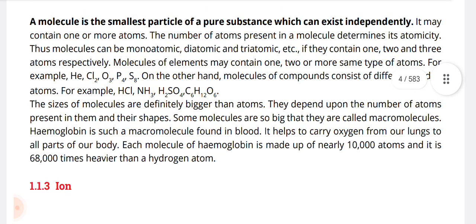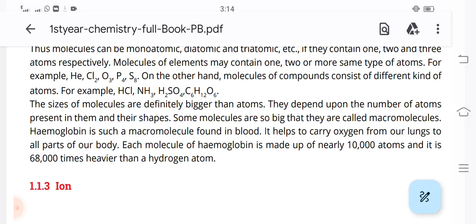Hemoglobin is such a macromolecule found in blood. It helps to carry oxygen from our lungs to all parts of our body. Each molecule of hemoglobin is made up of nearly 10,000 atoms and it is 68,000 times heavier than a hydrogen atom.